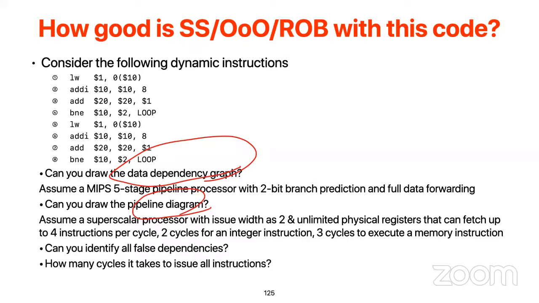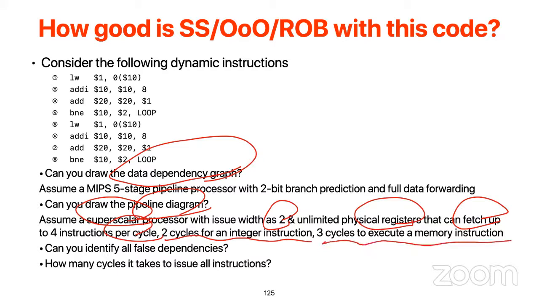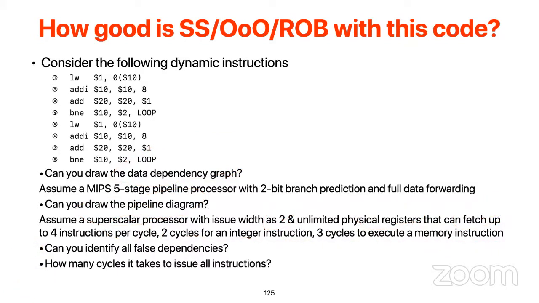And if you have a superscalar processor with 2 issue, unlimited physical registers, fetch width of 4, 2 cycles for integer, 3 cycles for memory instructions, and false dependency, how many cycles does it take to issue all instructions? You should be able to find the answers on the slides.